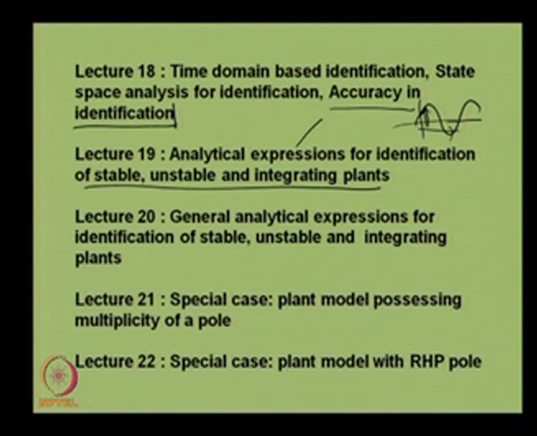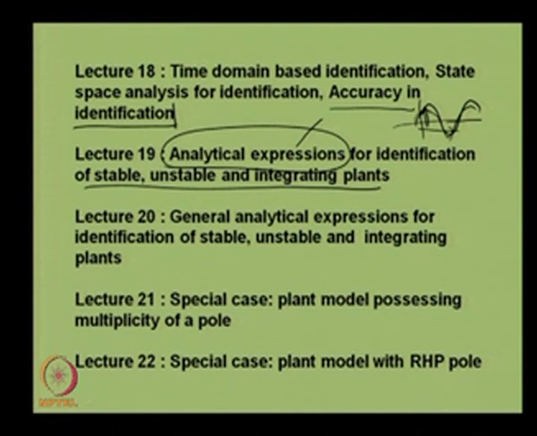So, based on the peak amplitude and period, one can estimate the model parameters of stable, unstable and integrating plants. But based on the shape of the output, one can also derive a number of analytical expressions. Those expressions can be used further for estimation of the unknown plant model parameters.